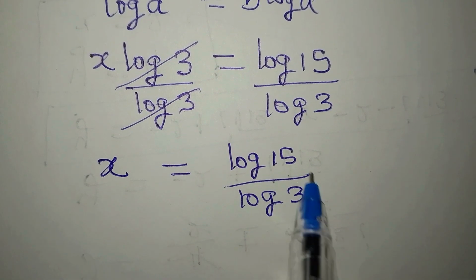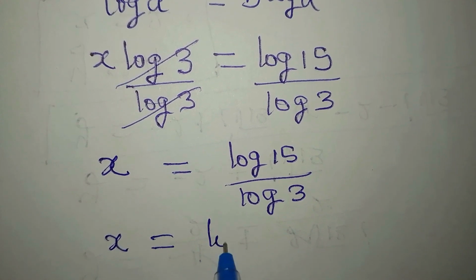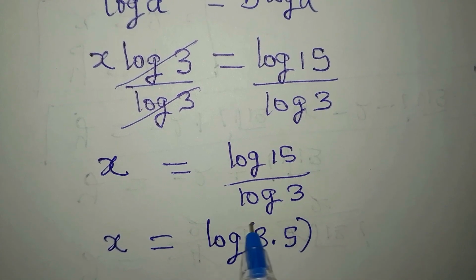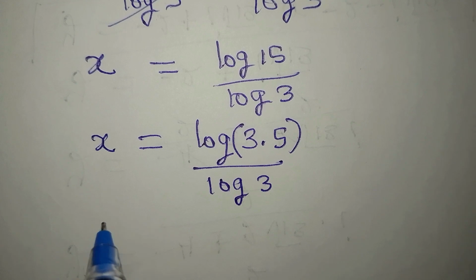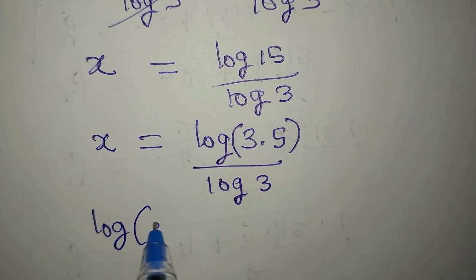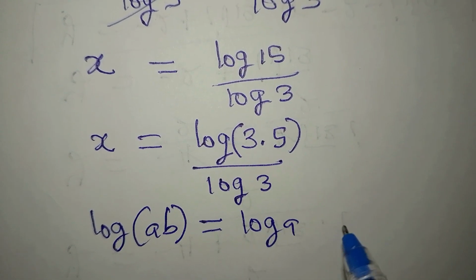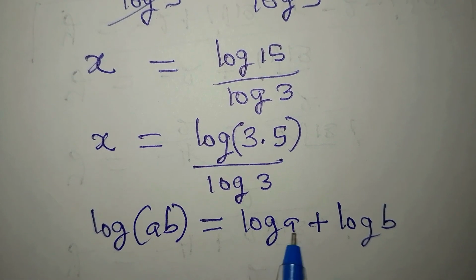Let's simplify what we have here. So our x will be log 15 is log 3 times 5, right? Okay, then we divide this by log of 3. And again, there's another thing. If you have log AB, it is the same thing as log A plus log B. If you're multiplying, it is the addition of the logs.